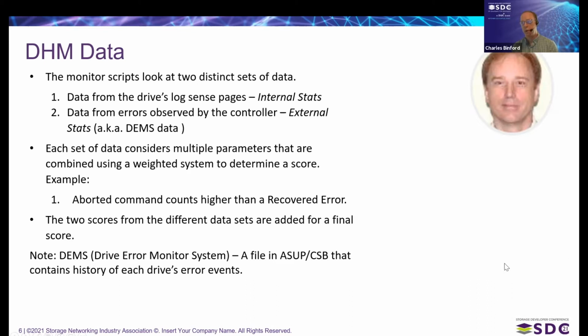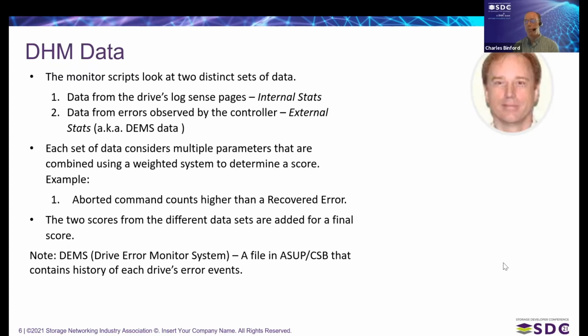The Drive Health Data has what we call the internal stats: the log sense data, defect growth list, and that sort of thing. And the DEMS is what I call the external stats, the stats that the controller sees from the drive, where it actually gets a recovered error, a timeout, medium errors, those sorts of things.